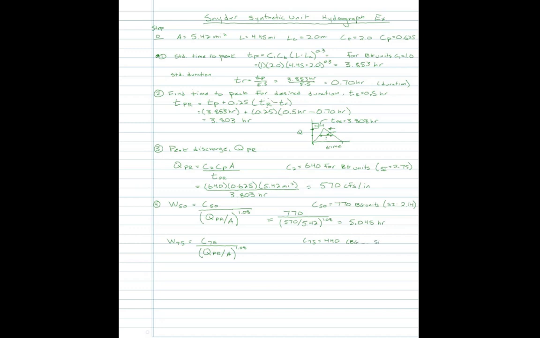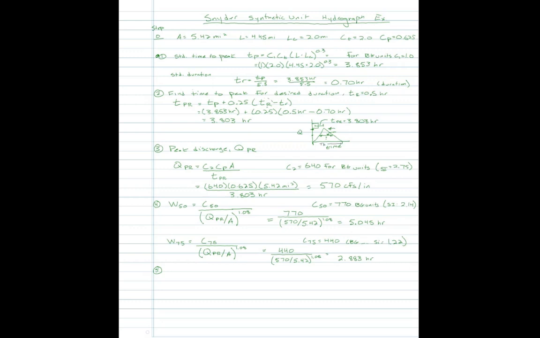Had we been in SI, then it would be 1.22, the factor that we should substitute. So 440, 570 divided by 5.42 to the 1.08 power. And that works out to 2.883 hours.